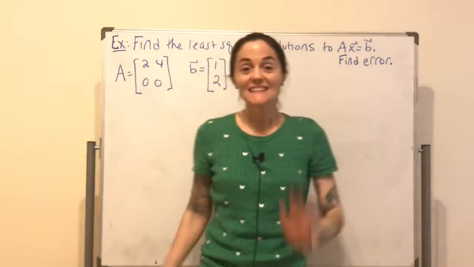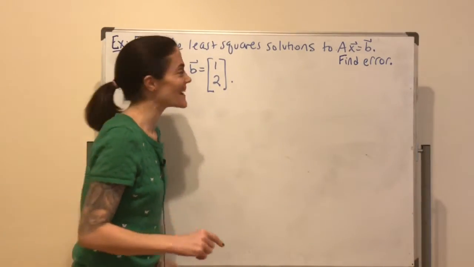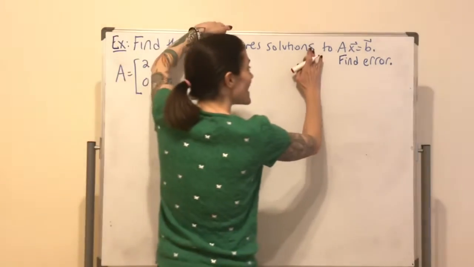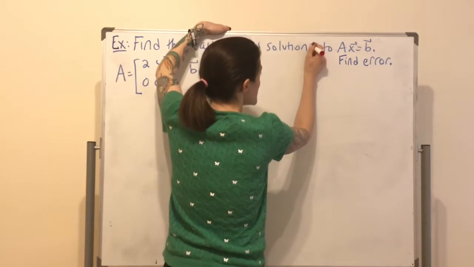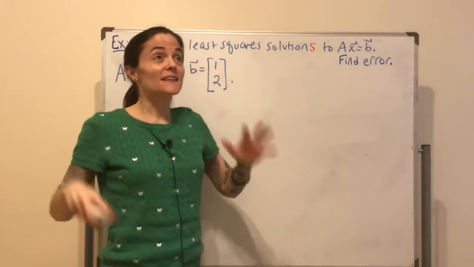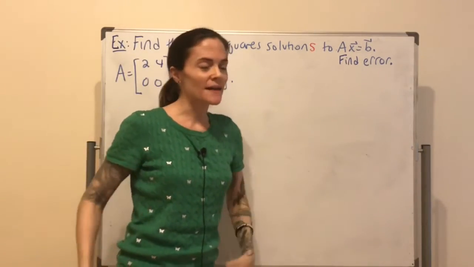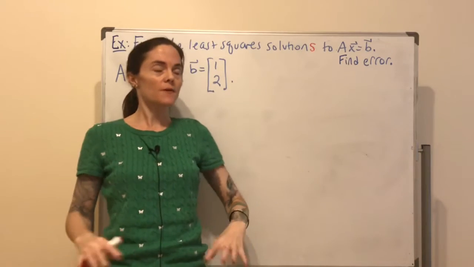Okay. Next example. And there's one letter on the board I want to highlight. I'll make it red. It's this letter. We want to find the least squares solutions, which means not just one. And I never said that there's always just one.